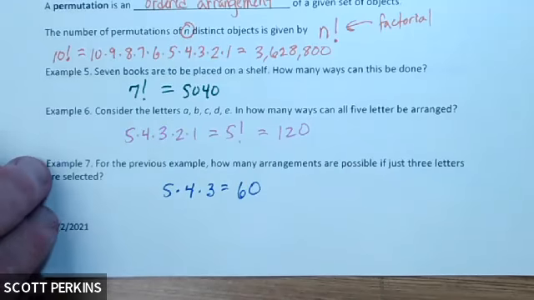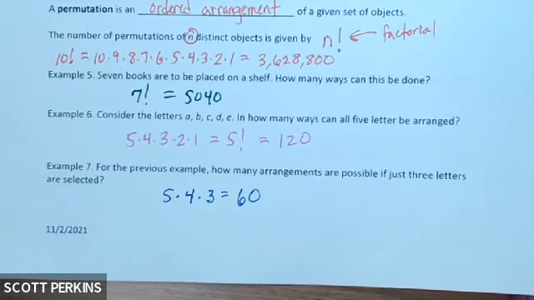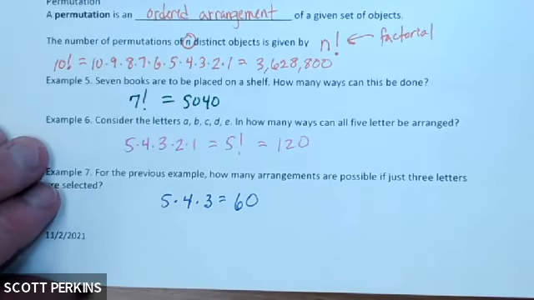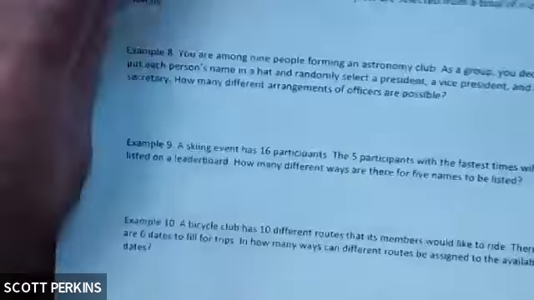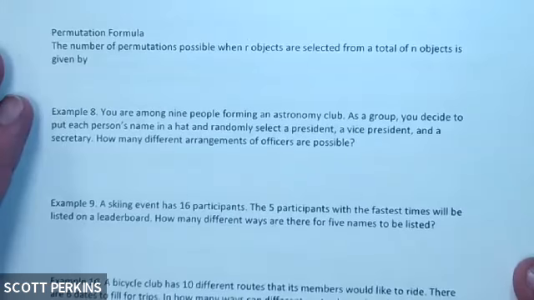Now, there is a quick, clean formula for this, and there's a button on your calculator. If you have the exclamation point on your calculator, this button is in the same place, more or less. This is called the permutation formula. It works no matter how many objects you're using.